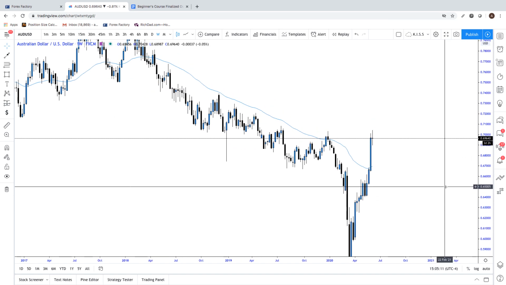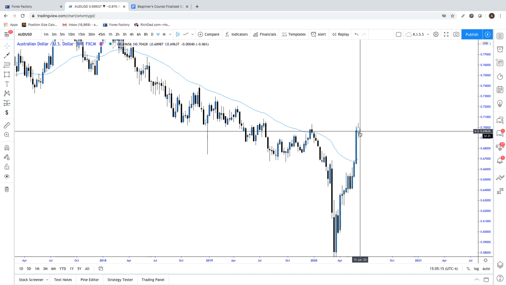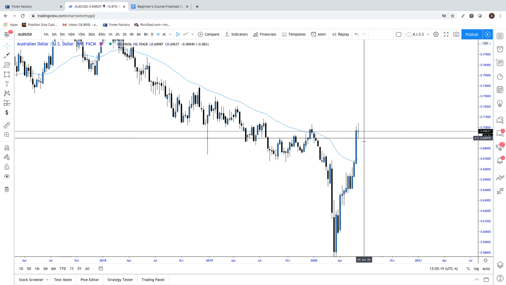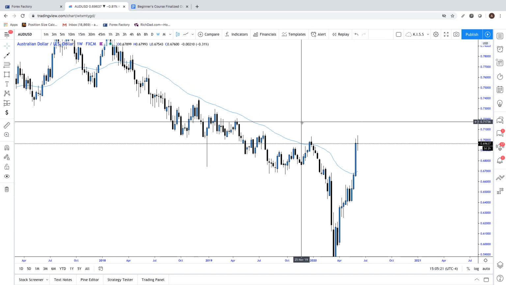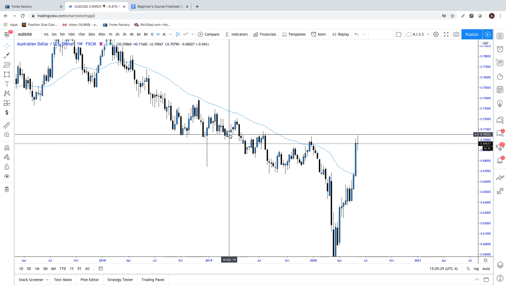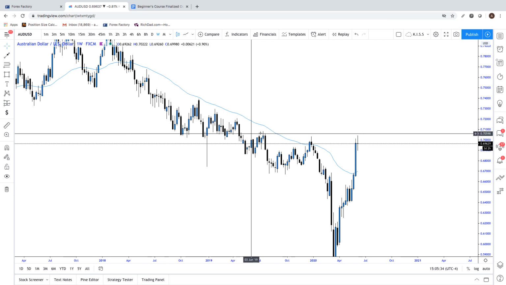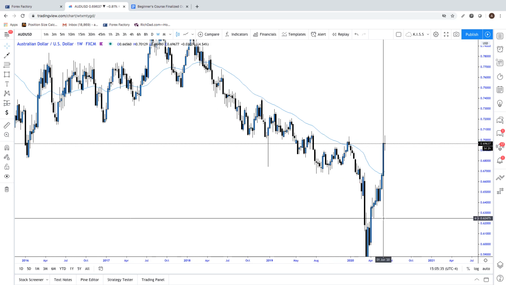On the weekly time frame, where each candle represents a week's worth of price action and price movement, we want to be able to identify very strong levels of support and resistance from the past. Where has price come into from the past and found support, and where has it found resistance?